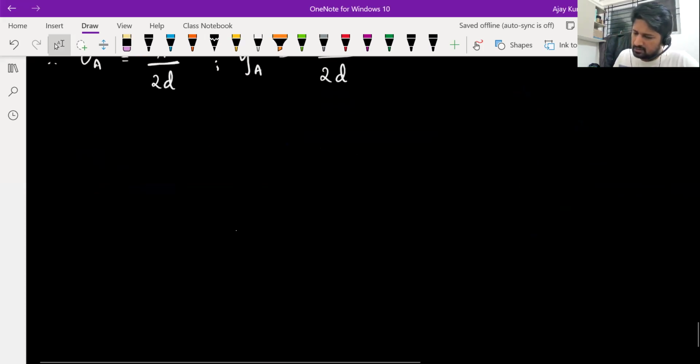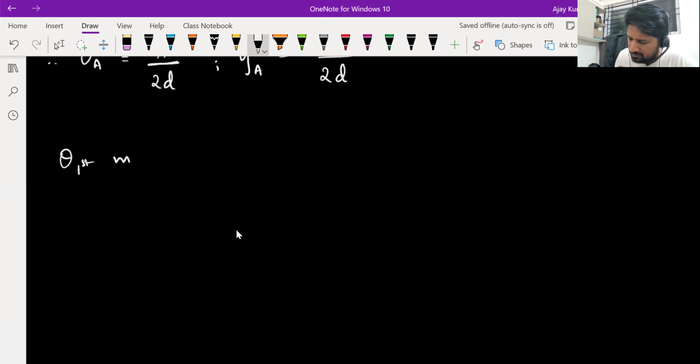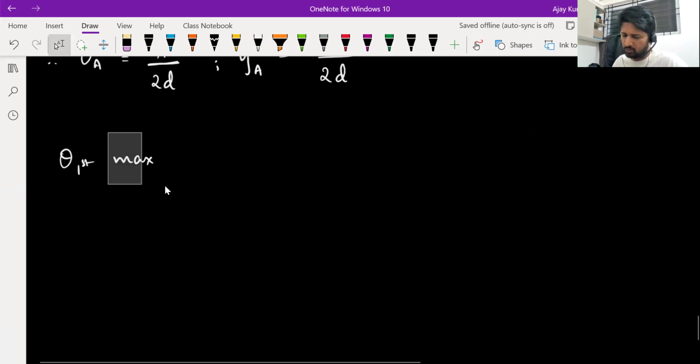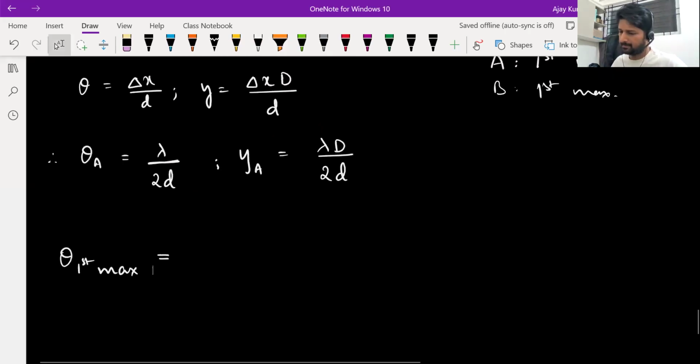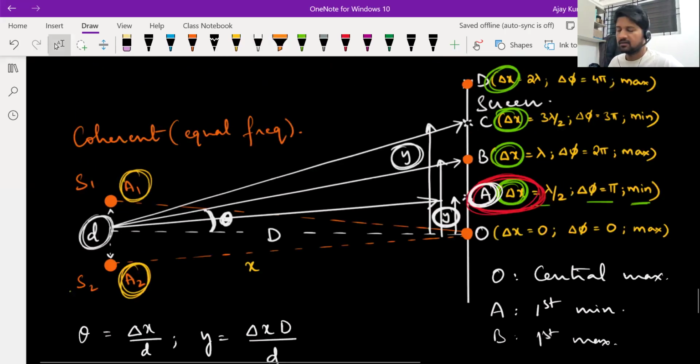Tell me, what is the angular position of the first maximum? For the point B, what will the angular position be? Delta x is lambda, so substitute directly and tell me quickly.